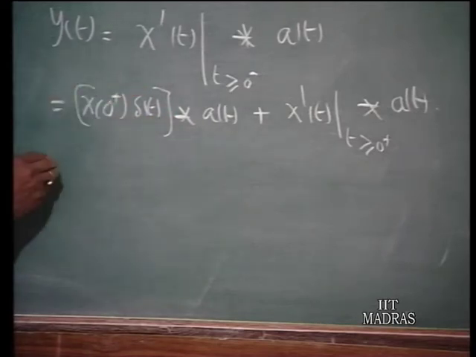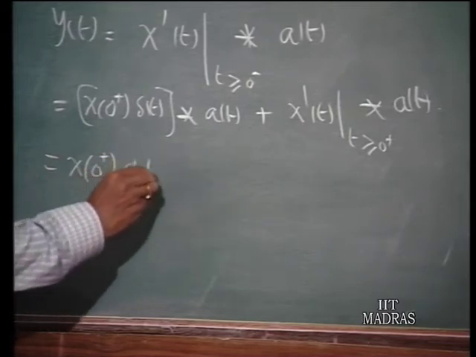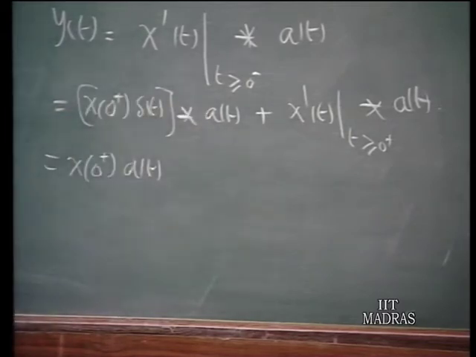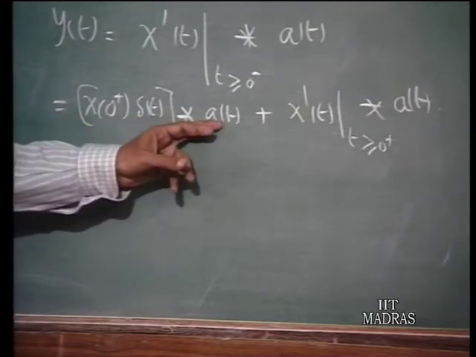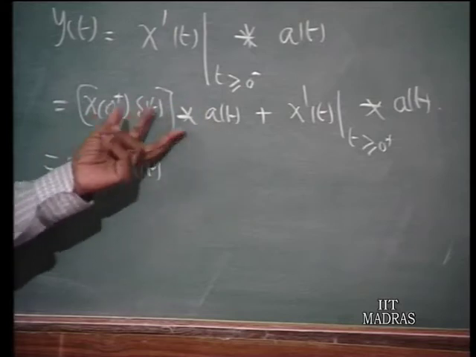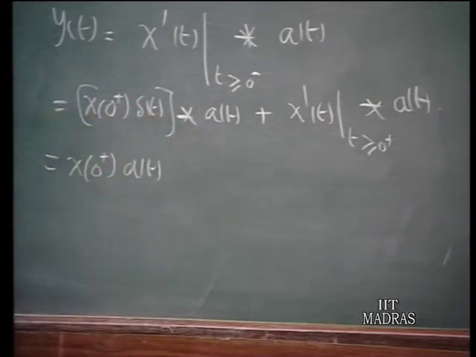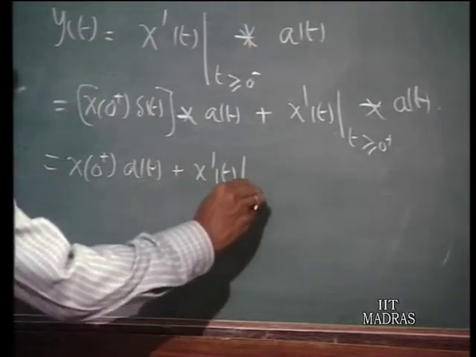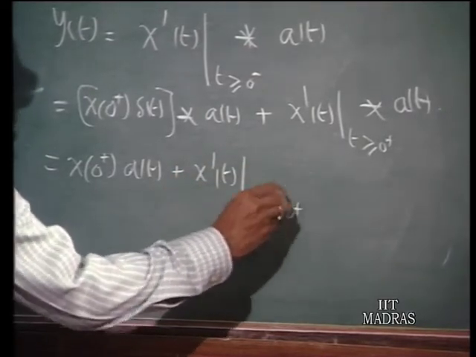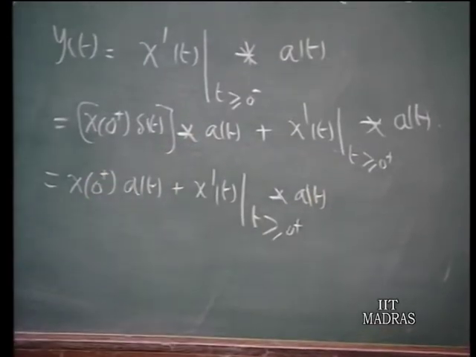Therefore, I can write this as x 0 plus times a t. This you can also visualize easily because the Laplace transform of delta t is 1, the Laplace transform of this is A of s, then the convolution is 1 times A of s in the Laplace domain, and the inverse Laplace transform gives us back a of t, plus x prime t for t greater than or equal to 0 plus convolved with a t. So this is the result that we get.